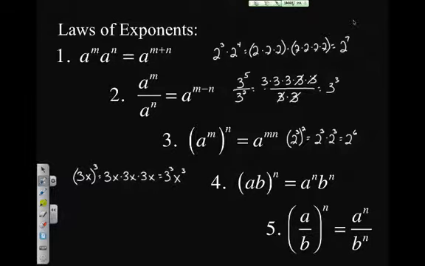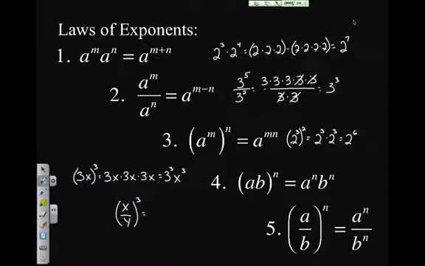And then finally, the same thing happens with fractions. If you've got a fraction raised to a power, the exponent just goes with each of those fractions. If we think about 2/3, let's make it variables. Let's just say we have x over y, and that's raised to the 3rd power.